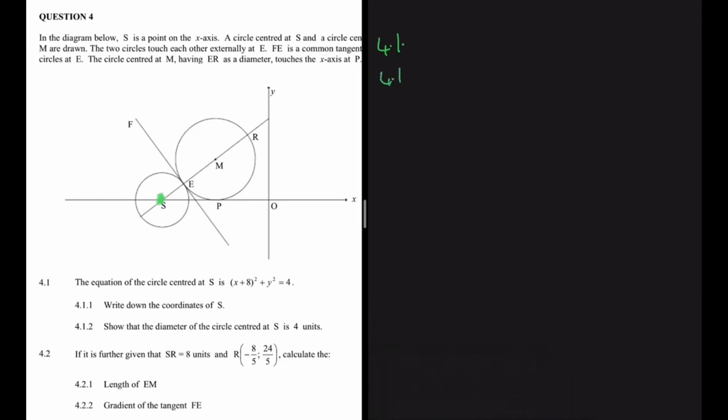For 4.1.1, we know that the general formula for the equation of a circle is given as (x minus a) squared plus (y minus b) squared is equal to r squared. And then the point at the center of the circle will be given by a and b.